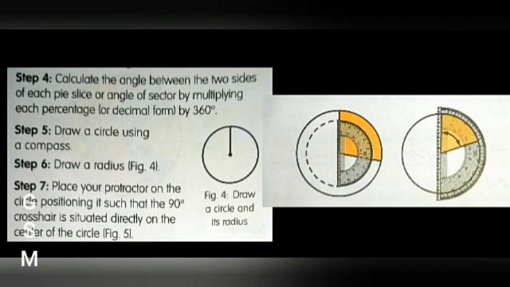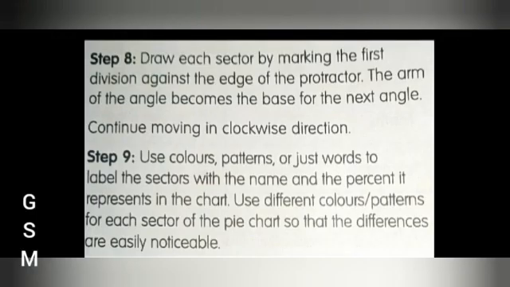Step 5. Draw a circle using a compass. Step 6. Draw a radius as shown in the figure. Step 7. Place your protractor on the circle, positioning it such that the 90 degree crosshair is situated directly on the center of the circle as shown in the figure. Step 8.